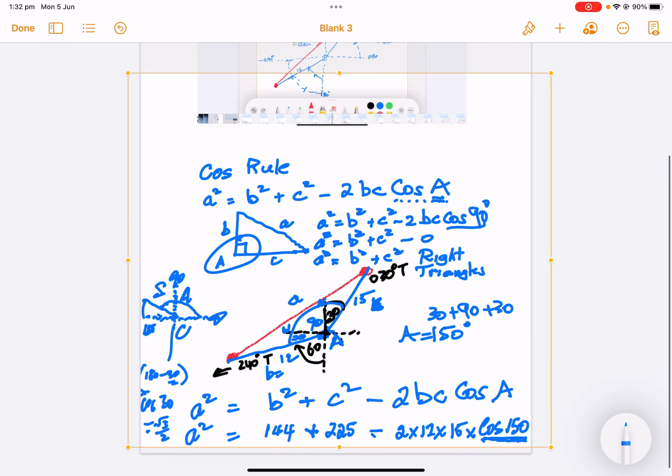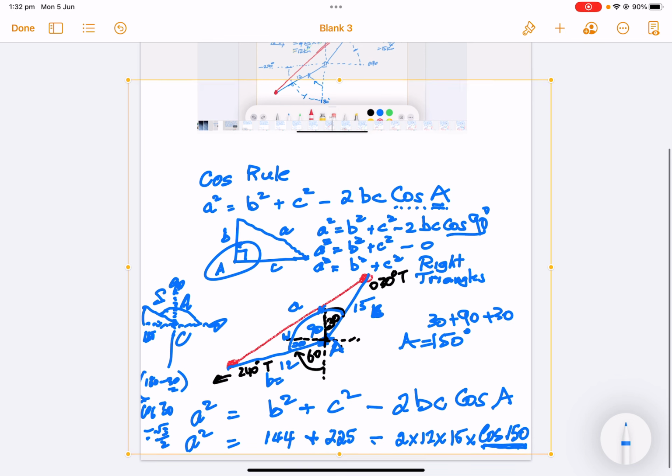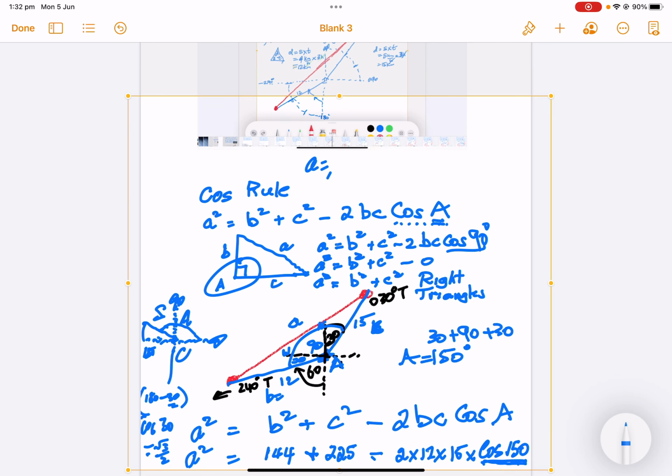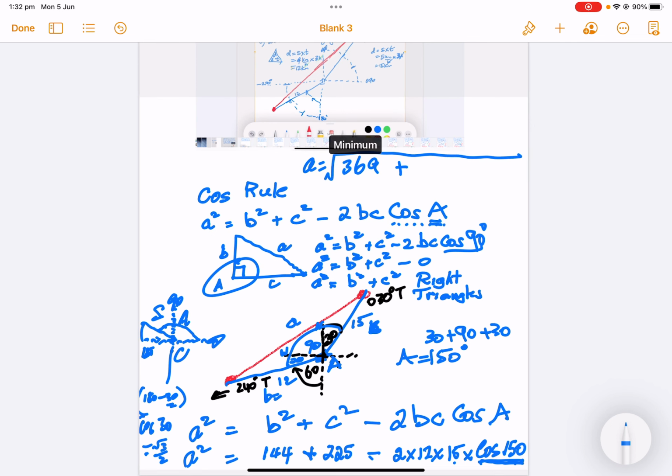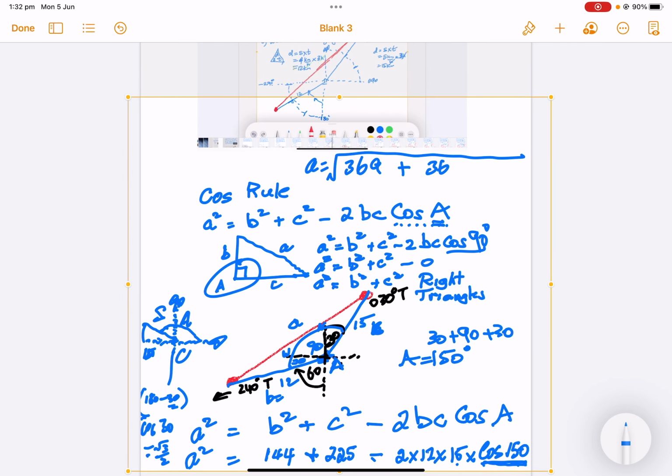Ultimately, a will equal the square root of 144 plus 225, which is 369, plus, because two negatives make a positive, 2 times 12 times 15, which is 360, times root 3 over 2, which is 180 root 3.